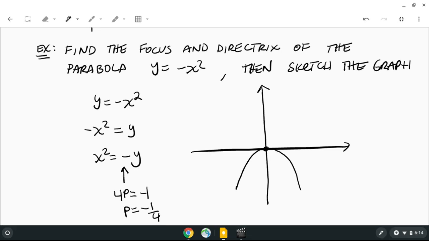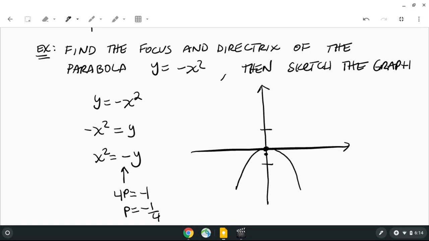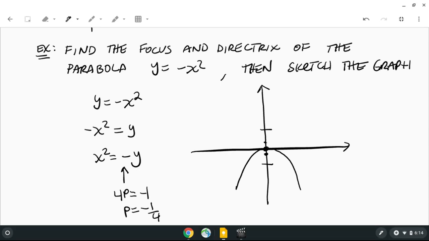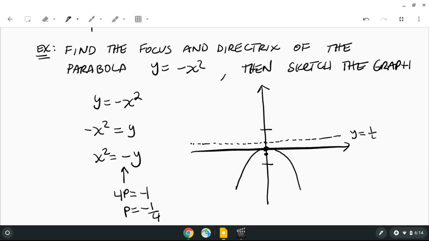And we know that the focus will be 1/4 away. There's my focus. And my directrix will be 1/4 away, because remember, they are both p units away from the vertex. So my directrix has the equation y equals, remember, horizontal lines are y equal constants, so y equals 1/4.